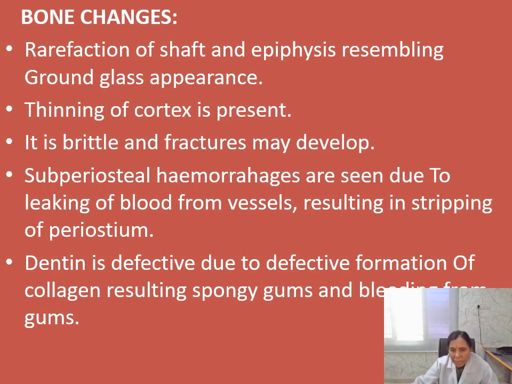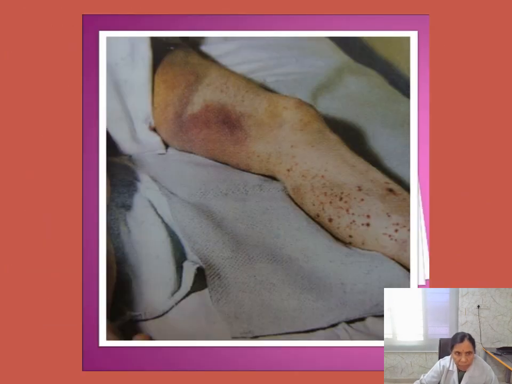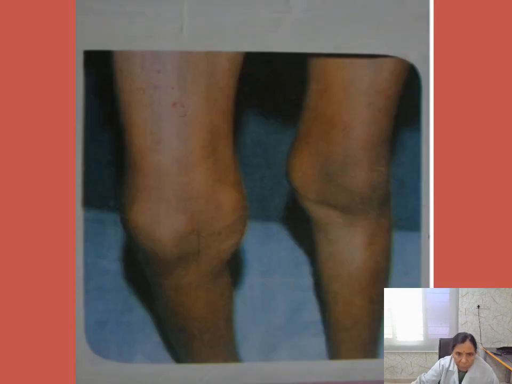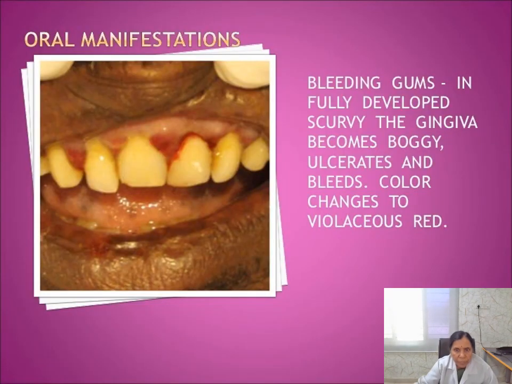With that, bleeding through the gums we can see. See, these are the petechial hemorrhages. It's a periosteal hematoma, and in scurvy, oral bleeding through the gums, spongy gums, swollen gums, inflammation, fully developed scurvy.